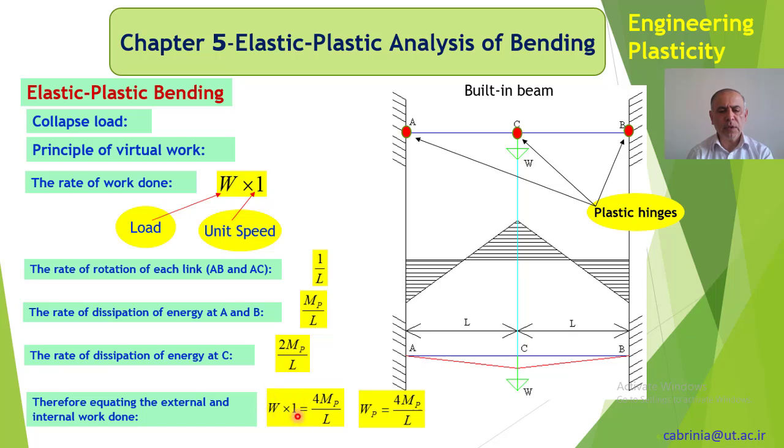In other words, we put the internal work equal to external work, and W times 1, which is the unit speed, is equal to 4 Mp over L, and from here we get Wp equal to 4 Mp over L. See, that's how we use the virtual work principle and plastic hinges to solve this kind of problems, and we couldn't solve this in any other way analytically.